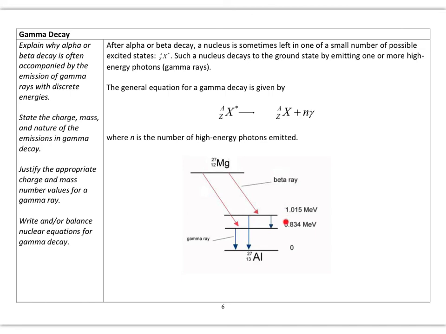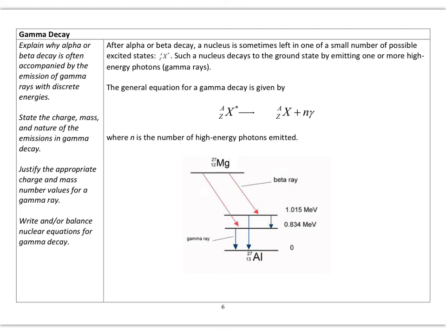However, the daughter nucleus then will be possibly in an excited state, and when it decays, it can release the gamma ray photons, and as you can see here, there are three possible energies that the gamma ray photon would have, corresponding to the three possible energy transitions within the nucleus.